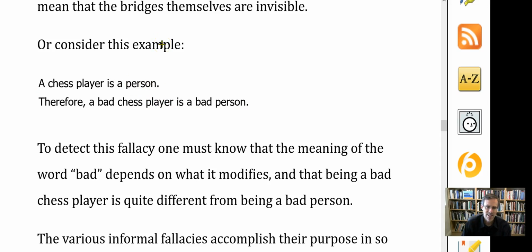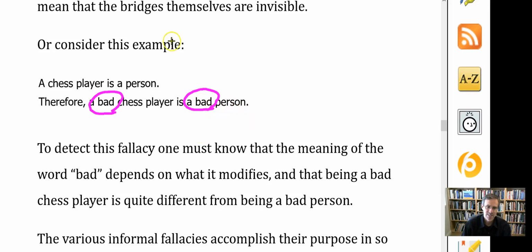Why can't we say that if a chess player is a person, then a bad chess player is a bad person? Well, there's nothing about the form of the argument that went wrong here. To understand what went wrong, you have to understand that the word bad is being used in 2 different ways, and so the argument doesn't follow. A bad chess player just means someone without skill at playing chess, whereas bad in the context of a bad person means someone who is ethically bad.